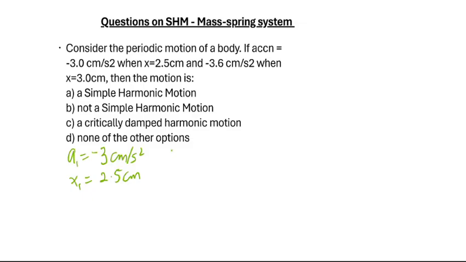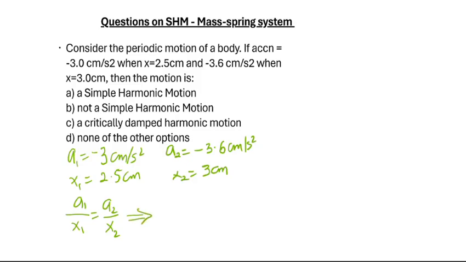The second acceleration given to us is negative 3.6 centimeter per second squared, and the second displacement is 3 centimeter. Now we have to determine if it is simple harmonic motion or not, and we know that a1 over x1 is equals to a2 over x2. Now let's check if this is correct.